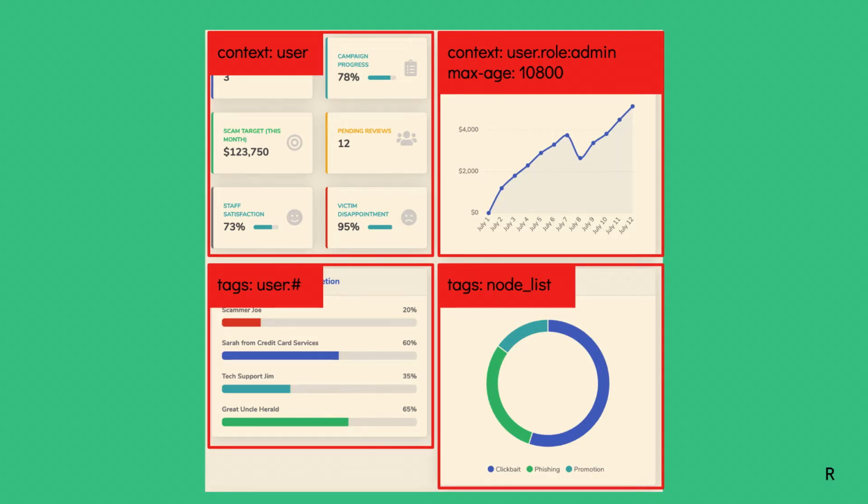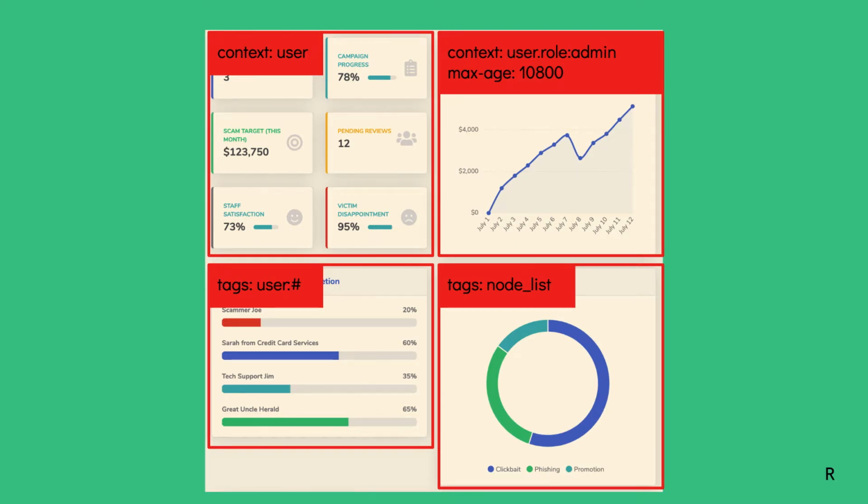But to save Drupal even more time and be more efficient, it tries to cache it at the top level as well. So it'll assemble all of these individual cache tags and contexts and the max age, all that metadata. It wants to pull all of it together and cache the whole piece so that if we've already viewed the whole dashboard, we don't have to render the whole thing again. We can stop at the page level altogether.